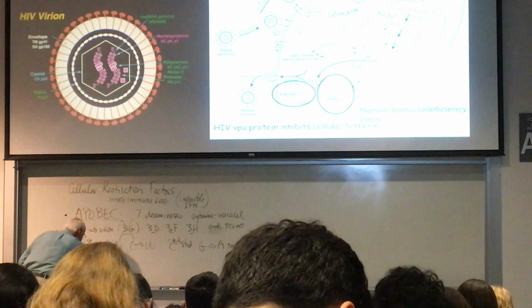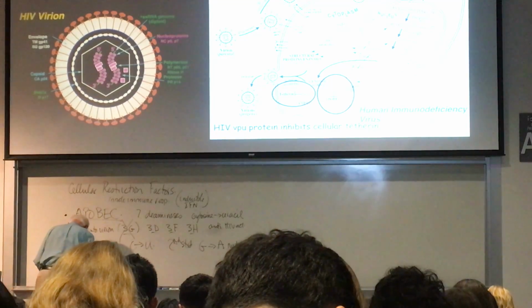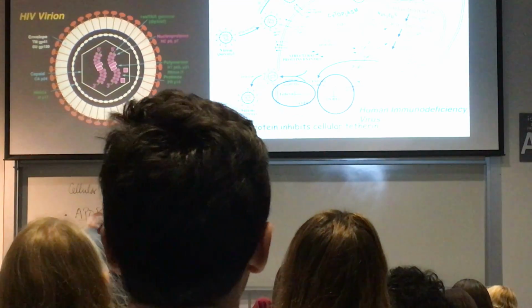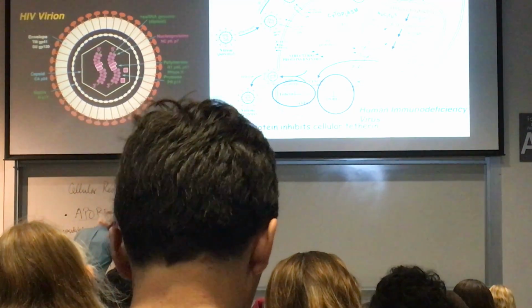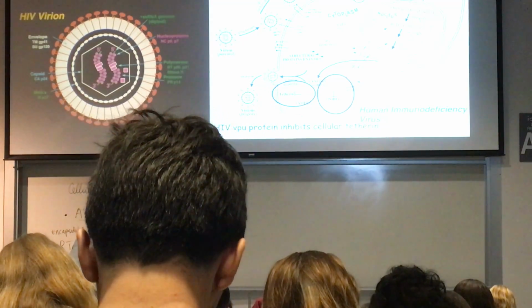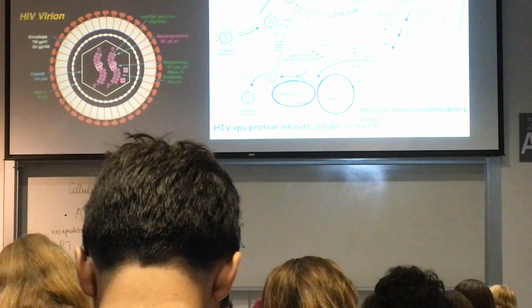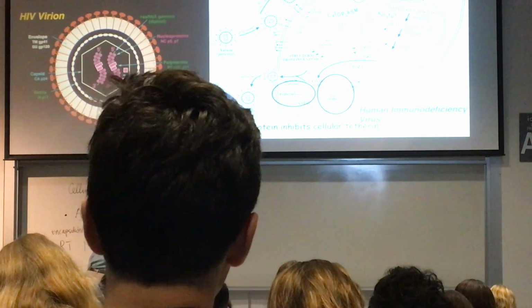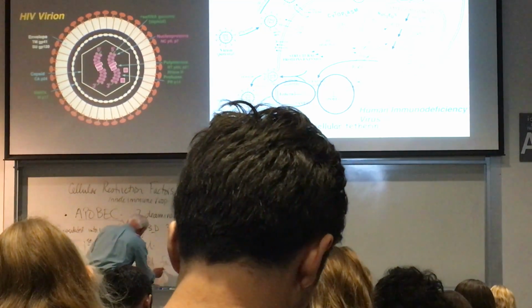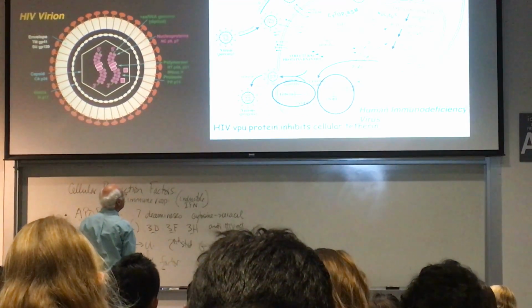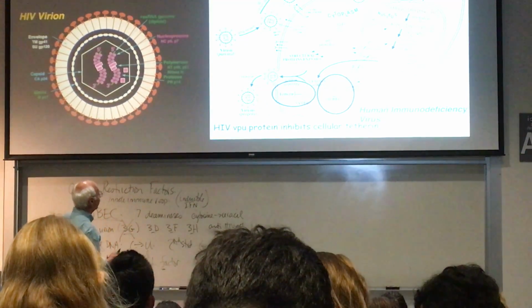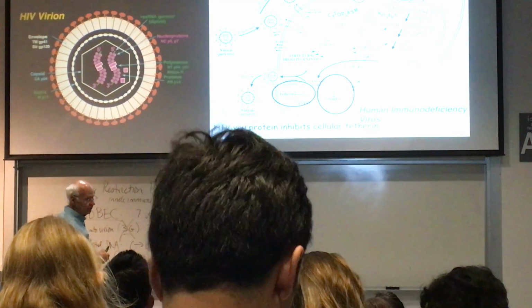So the virus has evolved to block this system. The virus makes the protein VIF. So VIF stands for viral infectivity factor. That's where the name comes from. So VIF inhibits the ApoBec.